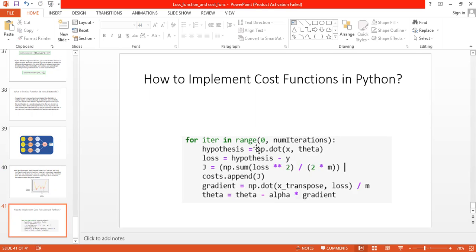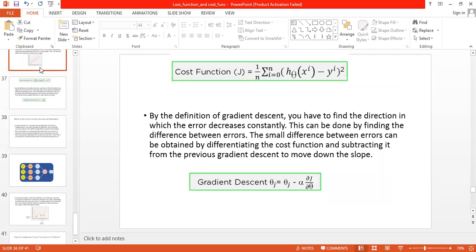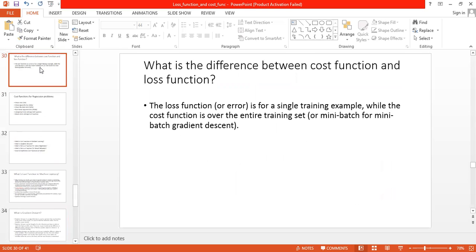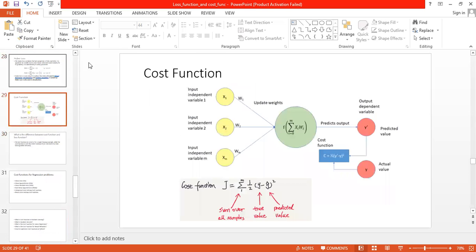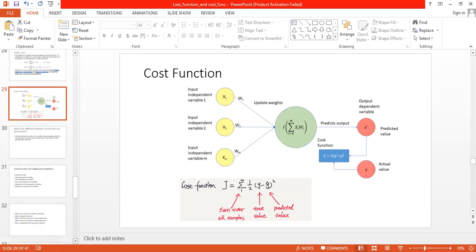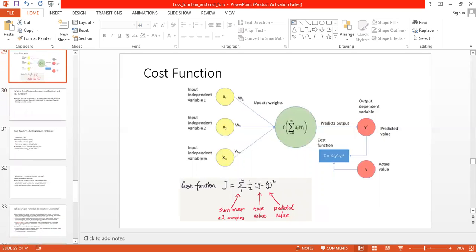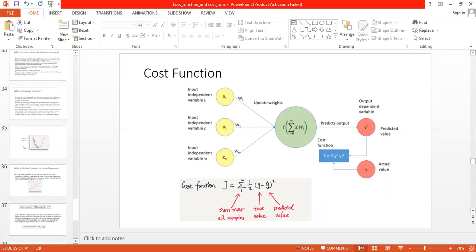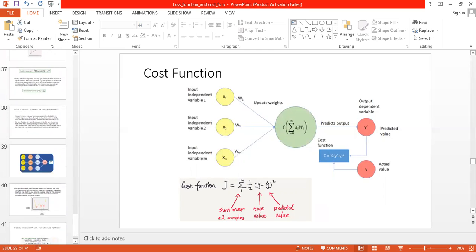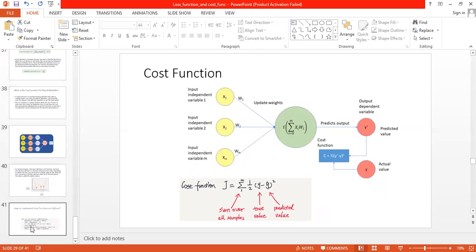Okay, you can see here in the first slide, this is the process. We create the dot product of the input and the weights, and that generates a hypothesis, because the weights can be adjusted. So that is a hypothesis, just a consideration.